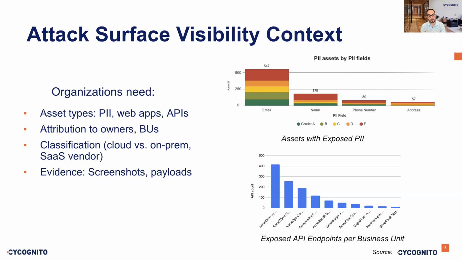Nmap, for example, and Nessus really had IPs, open ports, and with Nessus you also had CVEs. Things slightly evolved since then, but most solutions, most vendors did not take the tough journey of trying to contextualize what are these things.